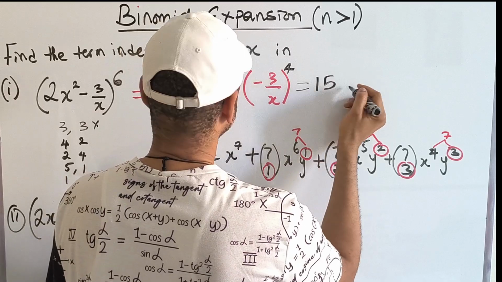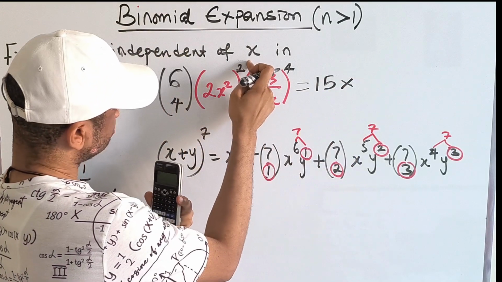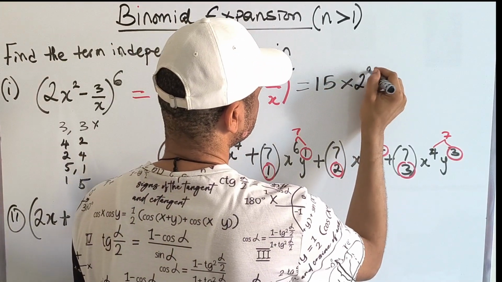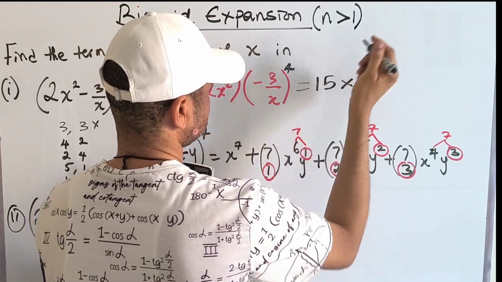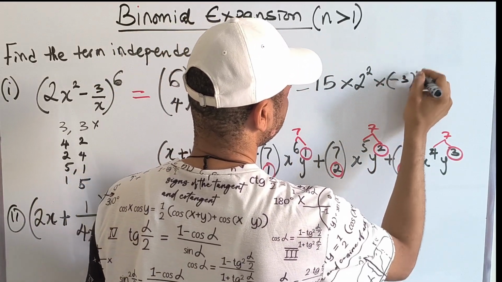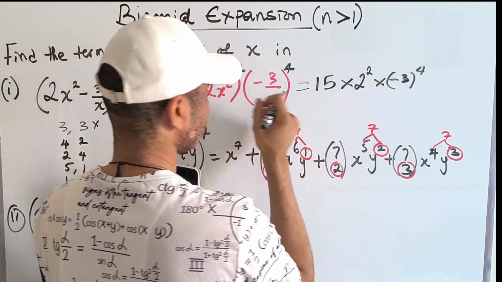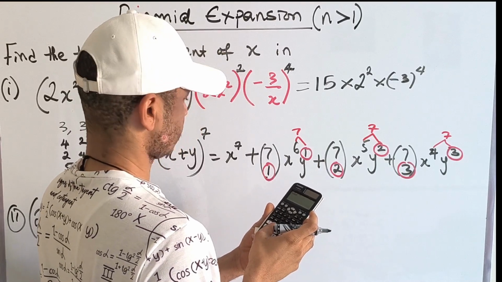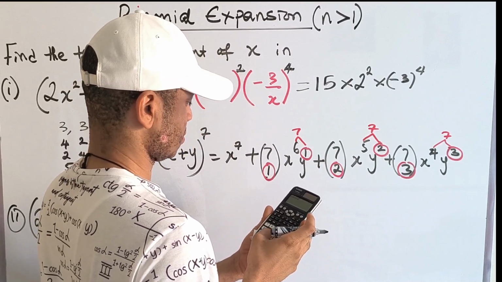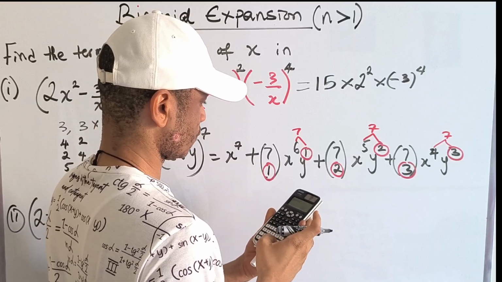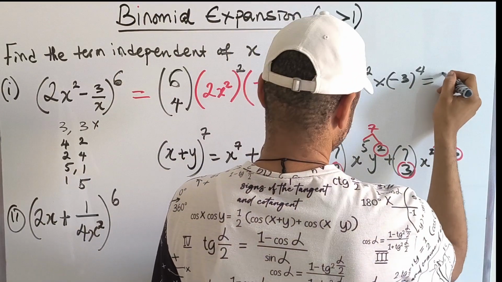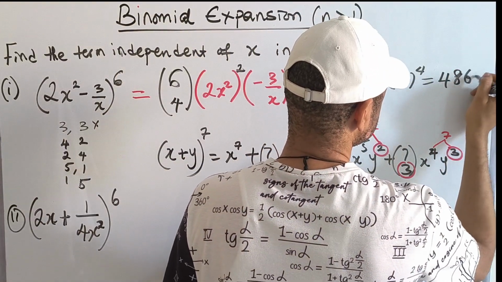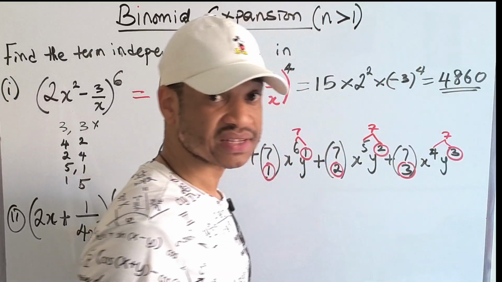So 15 times 2 to the power of 2 times minus 3 to the power of 4. Remember the x cancels out. So 15 times 4 times 3 to the power of 4 gives me 4860. That is my answer.